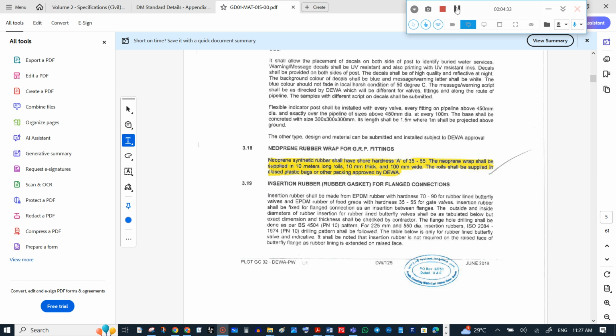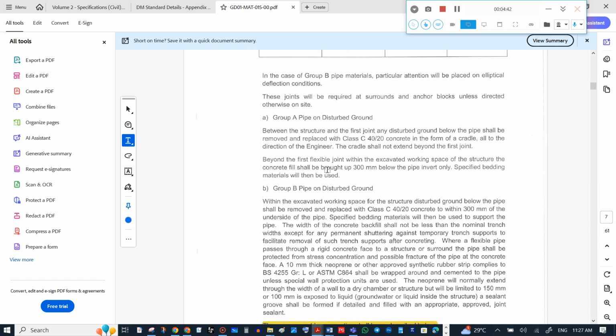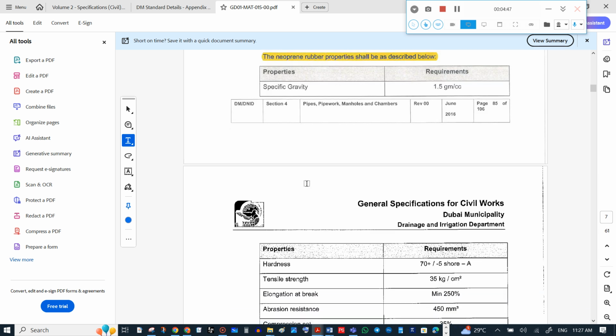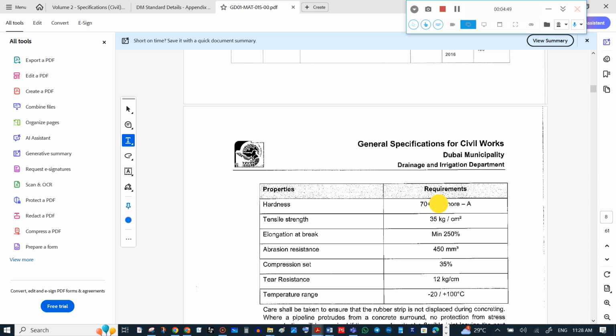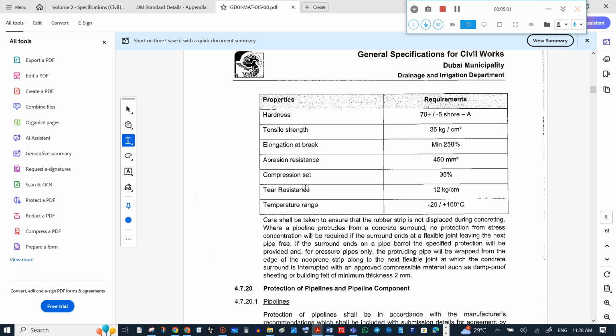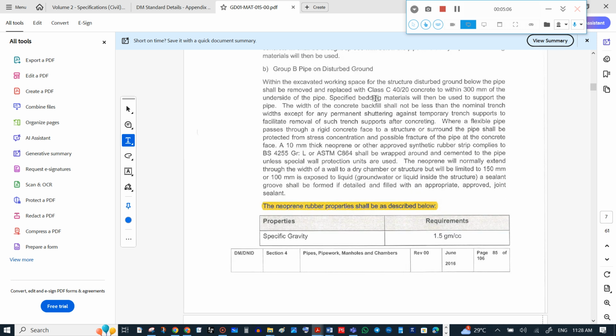Now we will see the drawing. So it is mentioned in 4719, where its properties are specially mentioned. It is the specific gravity, hardness, and so on. Hardness is 70 plus or minus 5 Shore A. So this is provided in the specification, and the 100 thick is also mentioned. See, for example, here.